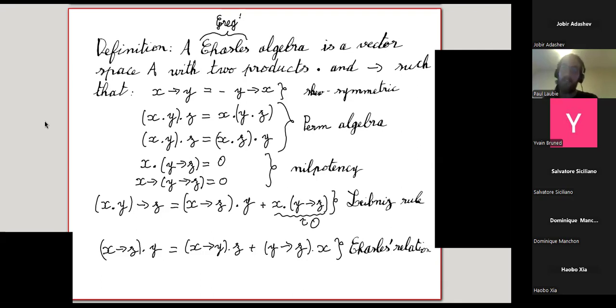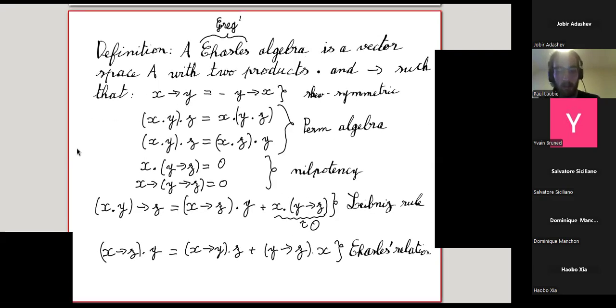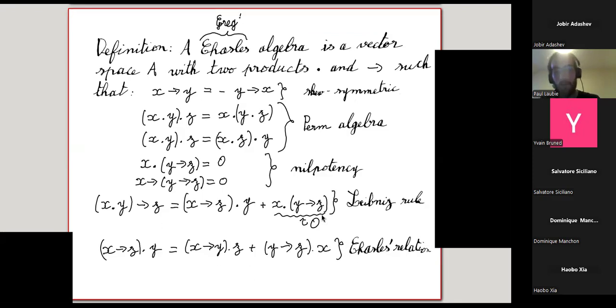Once again, this is a vector space with two products, the dot and the arrow, such that the arrow is skew symmetric. The dots give us a permutative algebra. We have two nilpotent relations. We have a Leibniz rule, which is kind of hard to guess because one of the two terms of the right-hand side is 0. That's why this is still a Leibniz rule technically. And the last one is a Schar relation.